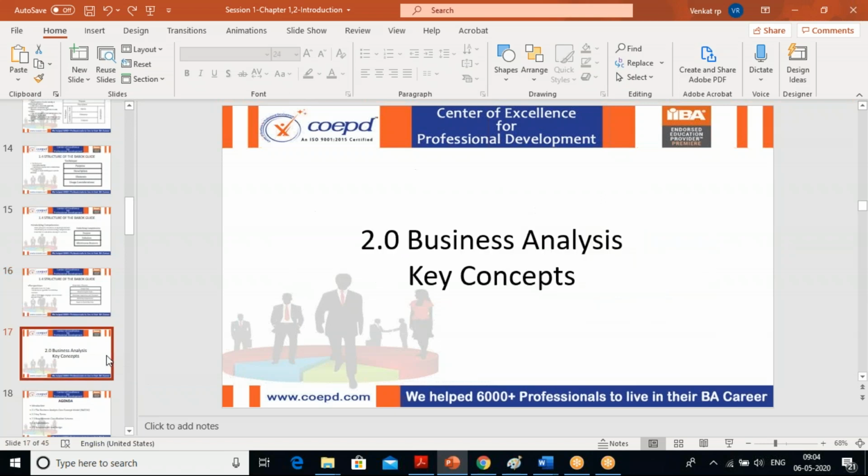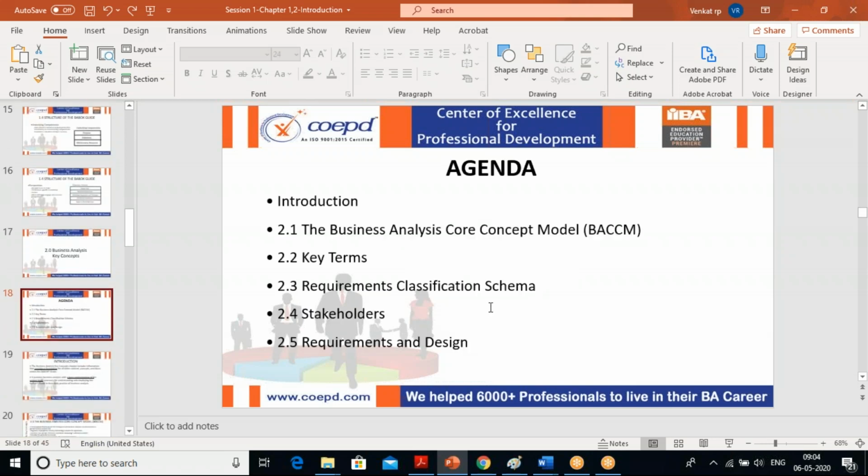Fine. Now let us discuss business analysis key concepts. What we have to discuss is the business analysis core concept model, then the key terms, then a requirements classification schema, then the stakeholders, and then requirements and design.